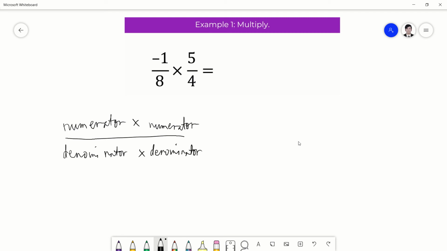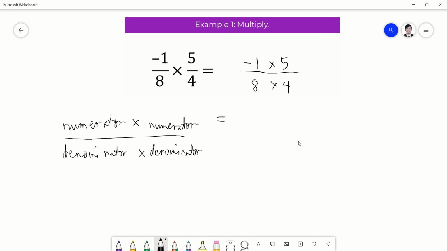In our case here, in our first fraction, the numerator is negative 1 and the other numerator is 5. So we simply multiply negative 1 with 5. And in the denominator, we have 8 and 4, so 8 times 4.